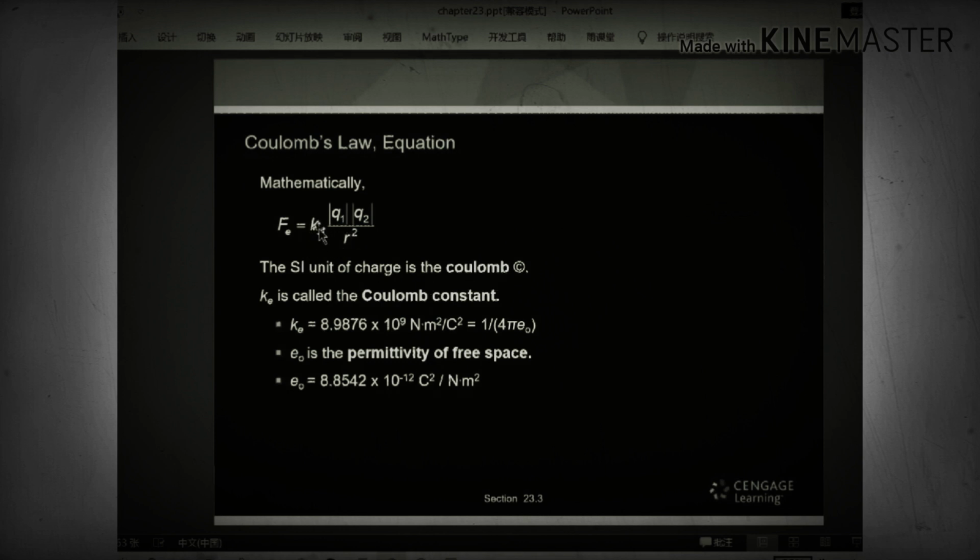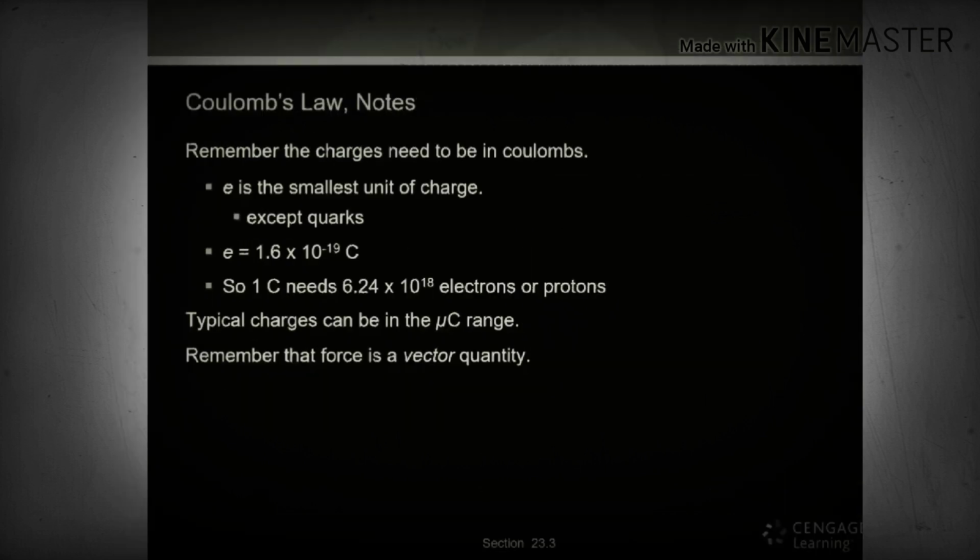And this constant we call the Coulomb constant, and this is the number for the Coulomb constant. For this epsilon, we have a specific name called the permittivity of free space. So this is Coulomb's law.